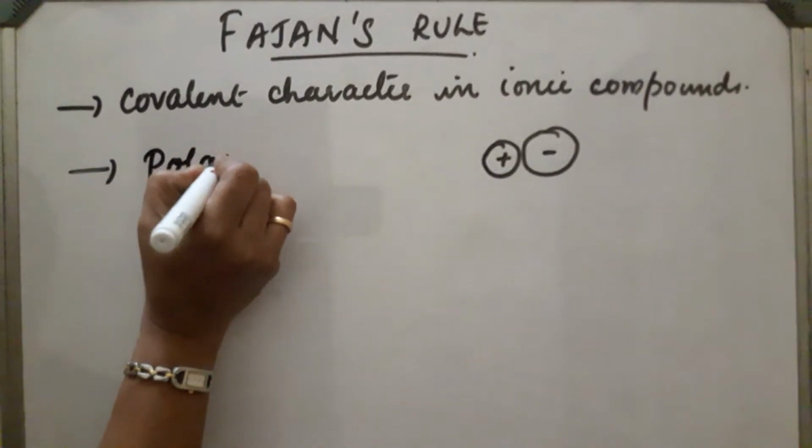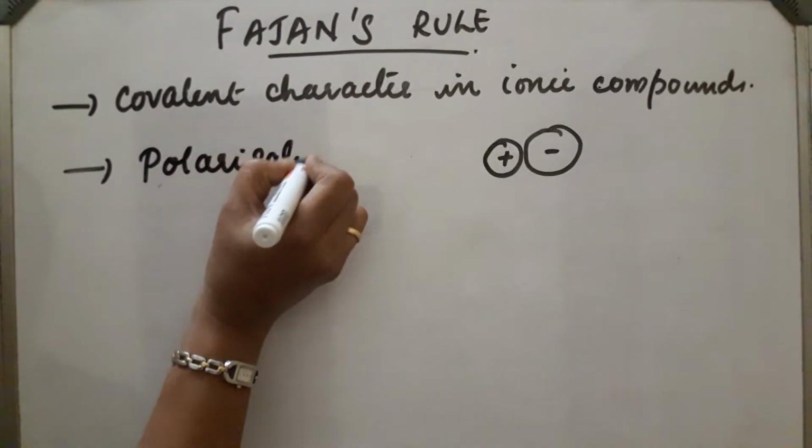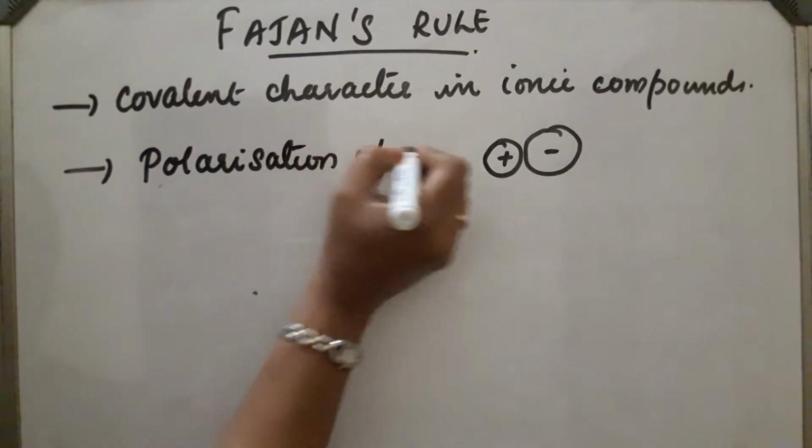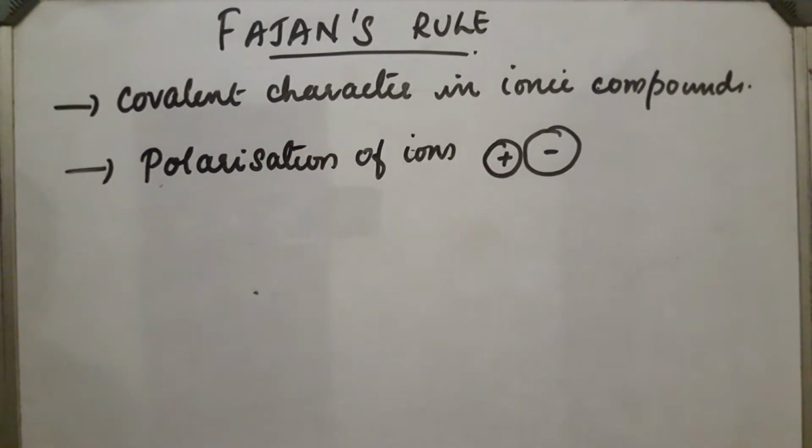Polarization of ions takes place. When they approach each other, there will be attraction between the positive and negative ions, and also repulsion between the two nuclei. So, polarization of ions takes place. Due to this polarization, a high degree of electron cloud is developed between the two ions.